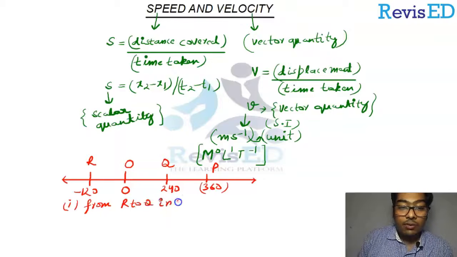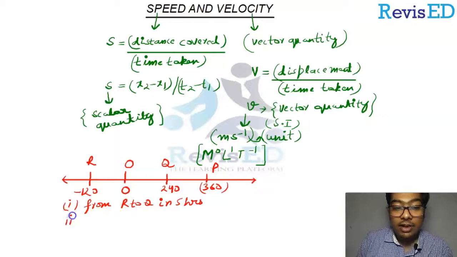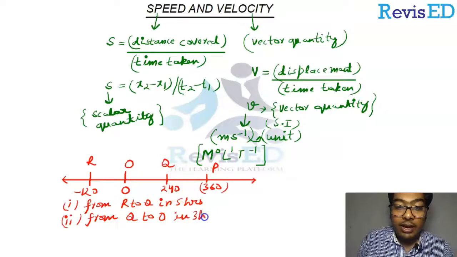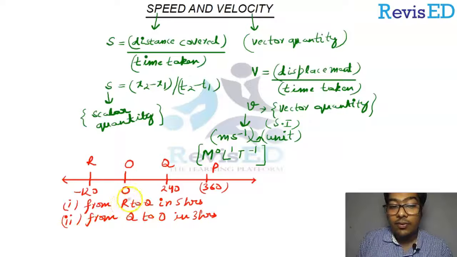We need to find the speed when the car moves from R to Q in 5 hours, and then from Q to point O in 3 hours. In this question, speed and velocity are both the same.